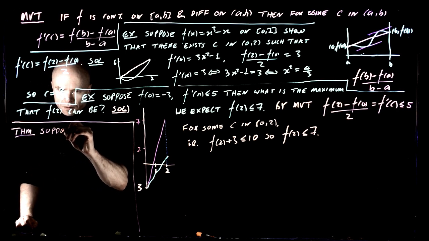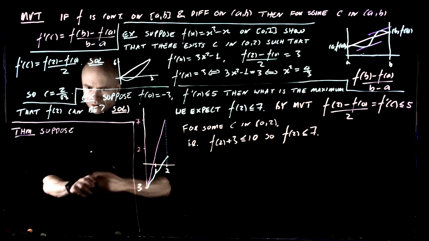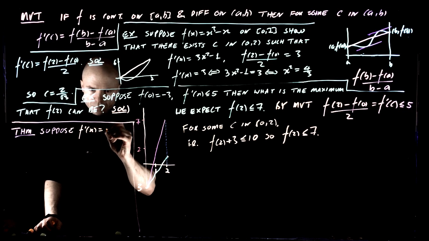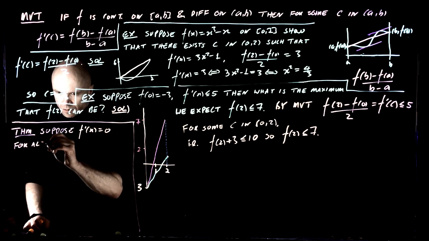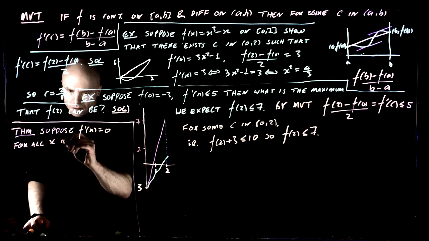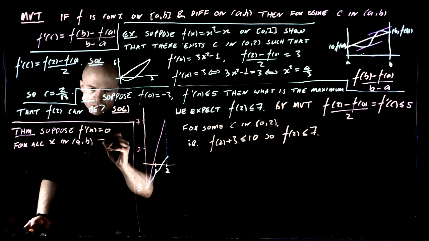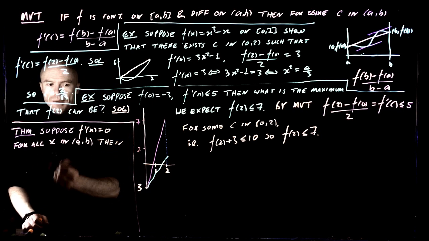Suppose f prime of x equals 0 for all x in this open interval a to b, then I'm going to conclude something about f.